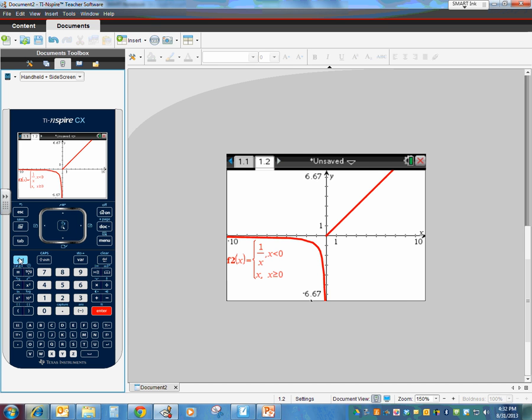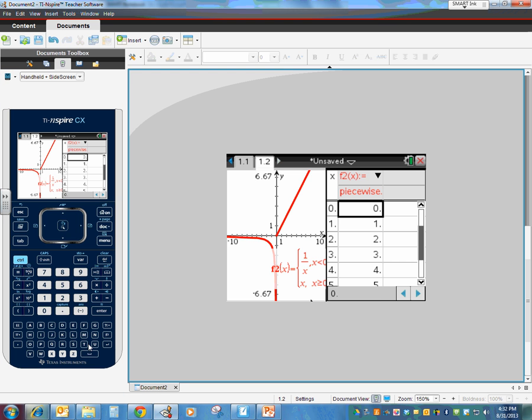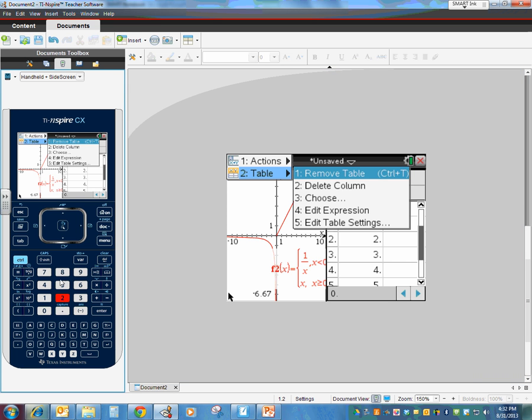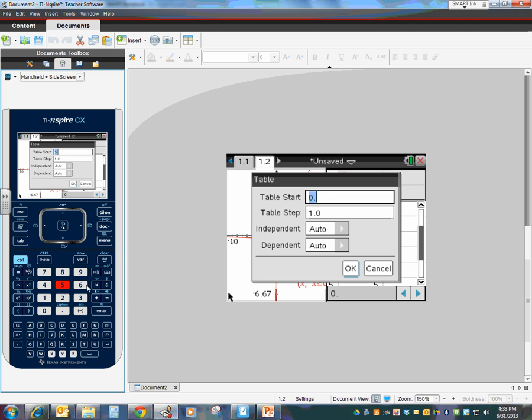Now, the other thing I want to point out real quick, and the same thing applies on the 83 and the 84, is how to get to your table. A table setup is different on the 83, but for the Inspire, to pull up our table it's Control T. What I want to do here is put in these values so that I can check them against my table. Then I click on Menu, and then I hit number 2 for Table and number 5 for Edit Settings.